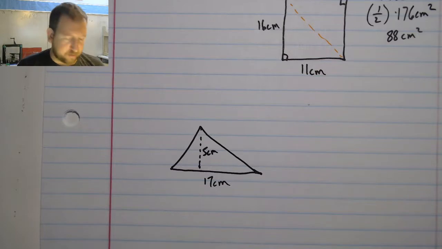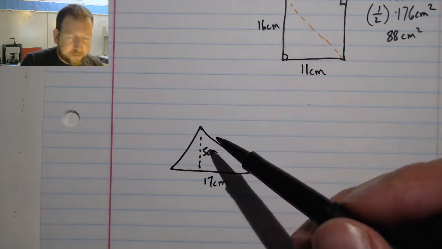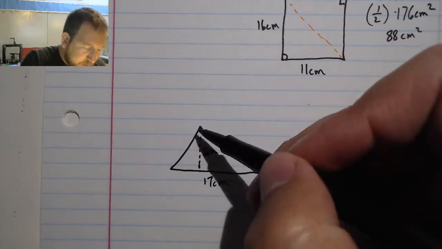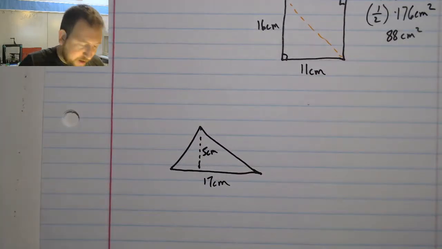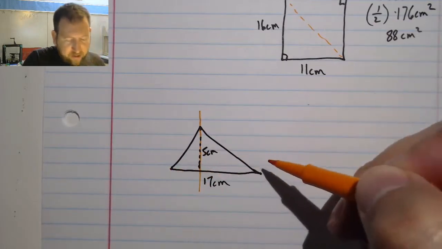Now you might ask, well, I can't just copy this triangle and flip it over and turn it into a parallelogram. So how is this going to work? Well, how it works is if I were to cut this triangle in half, I would get 2 pieces.